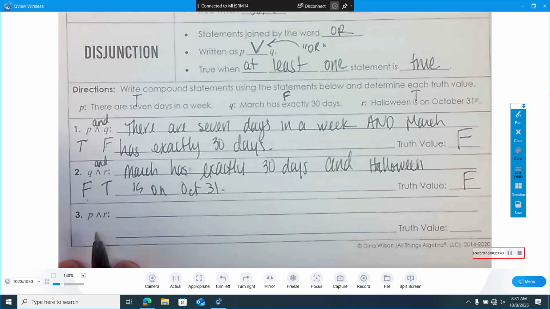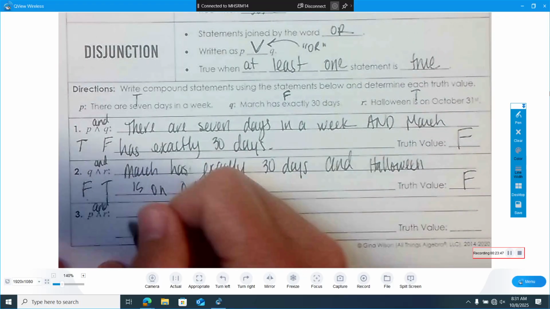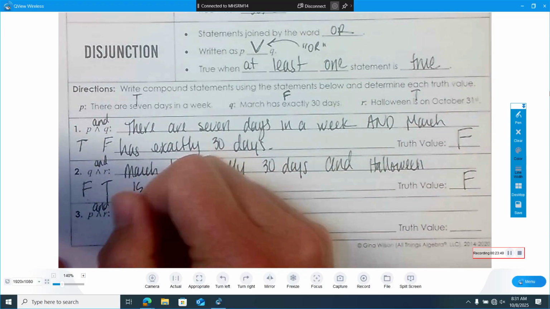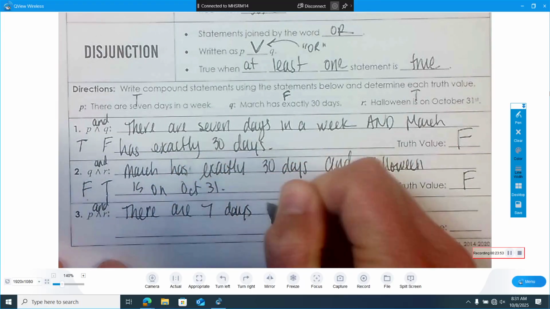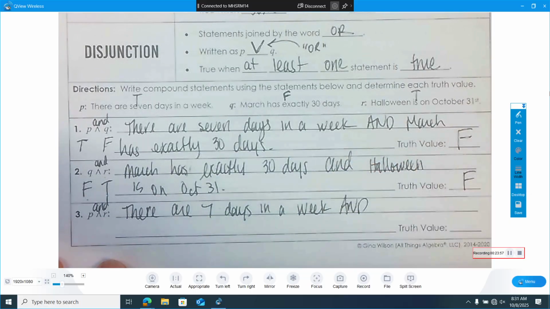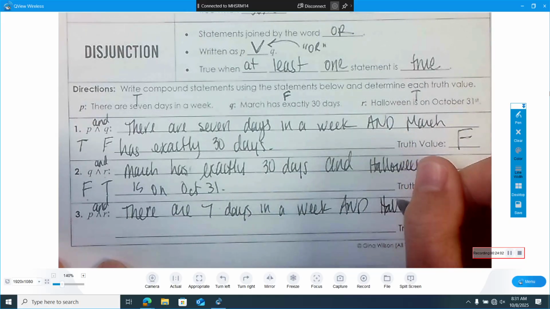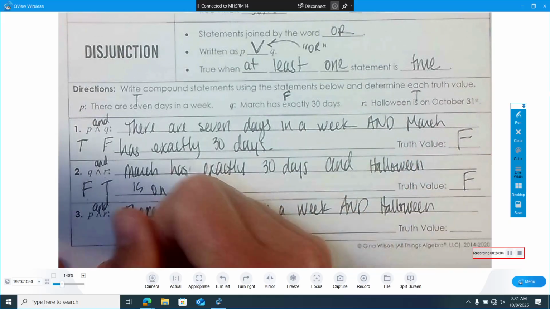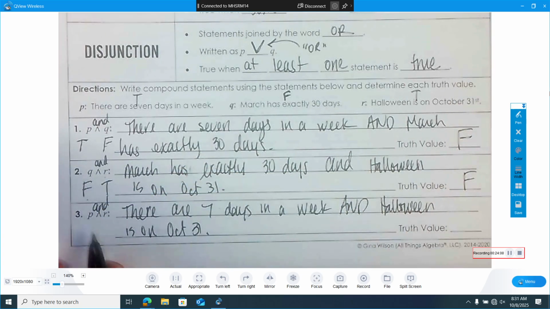So let's do the last one here. This is P and R. So the P statement is, there are 7 days in a week. And the R statement is Halloween is on October 31st. All right.